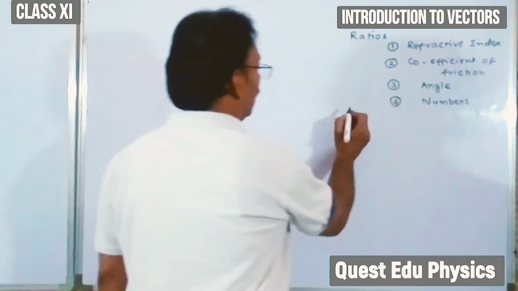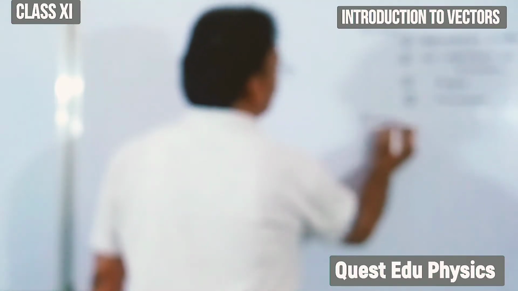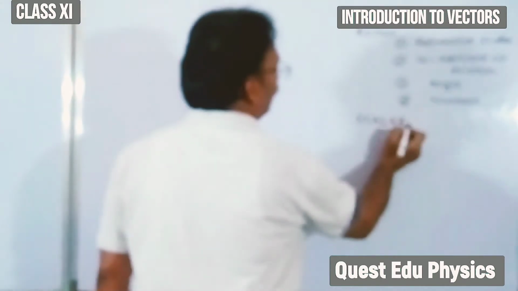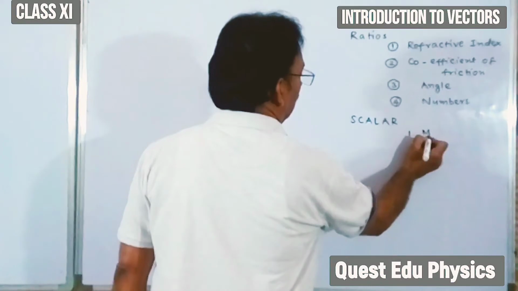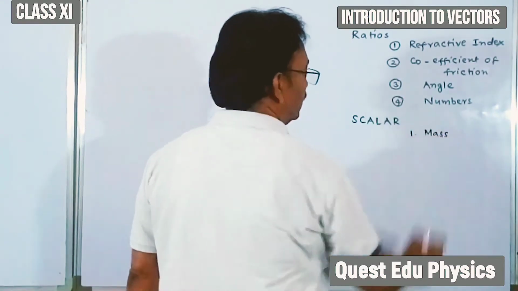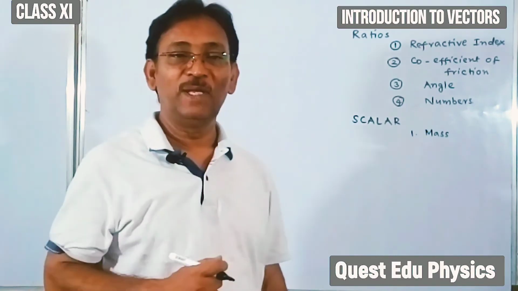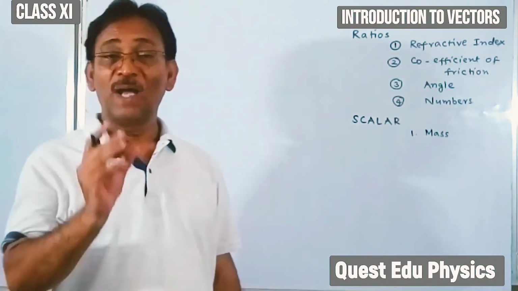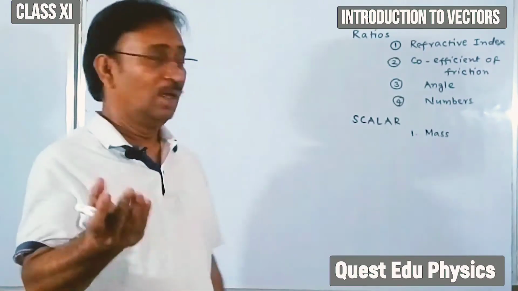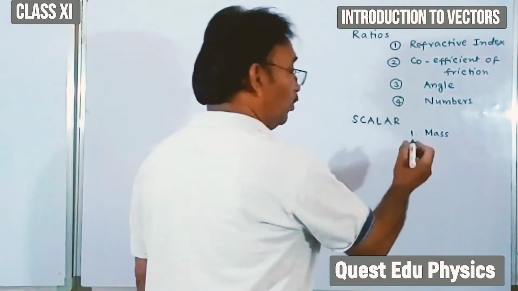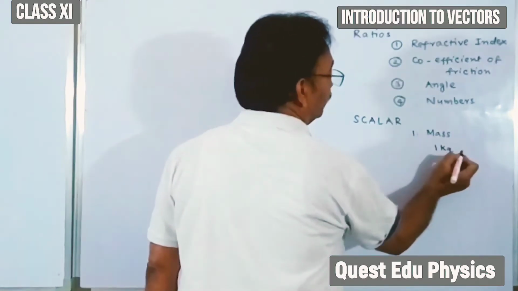The second one is a scalar. Here you have to understand what a scalar is. First I am taking the example of mass. Mass is said to be a scalar. Mass has magnitude, meaning measured value. If you go to the shop, you will ask, give me 1 kilogram of sugar.